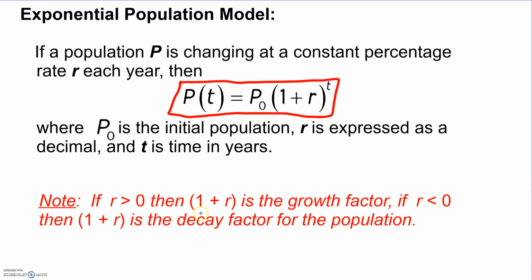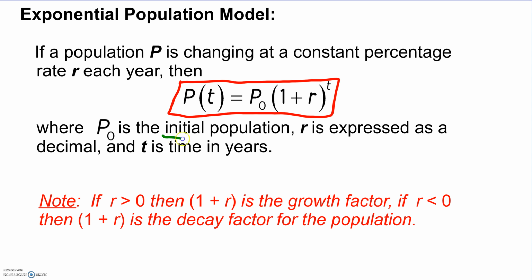If your R is greater than 0, then this is a growth function. And if R is less than 0, then it is decay. So you need to fill in some blanks there on your notes.